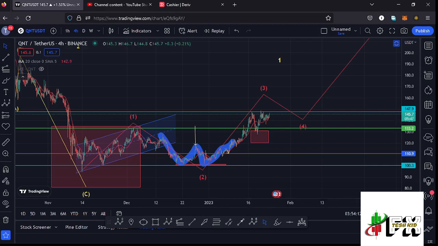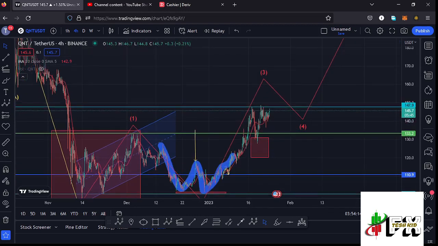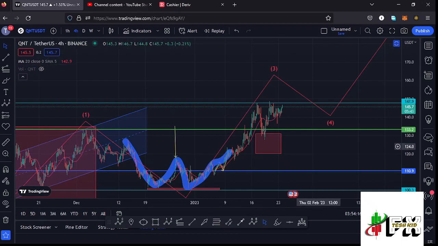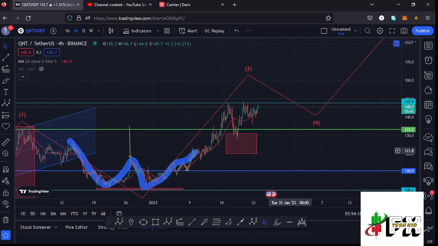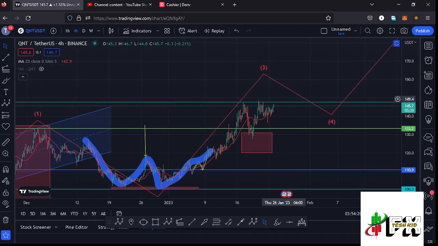We continued pushing even higher, and at the time of this recording here on the 4-hour chart, we have also managed to break above the 20-day MA, and we are trying to battle out a key area of resistance at around the $147.9 mark, and there are chances that we might continue pushing even higher, manage to break above that key area of resistance, and once the breakout is in, then we can expect a retest, and once the retest is in, then we can continue pushing even higher to fully maximize our target area.